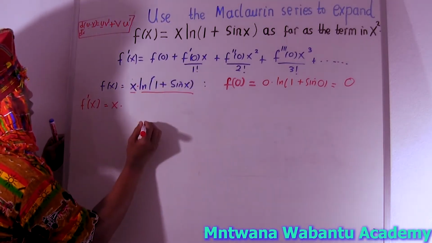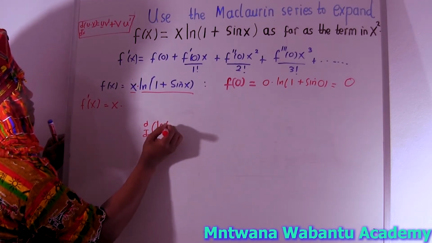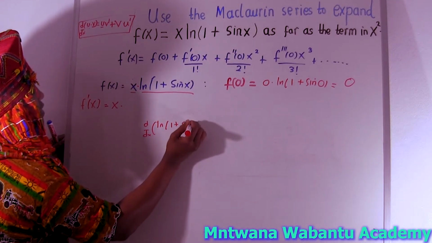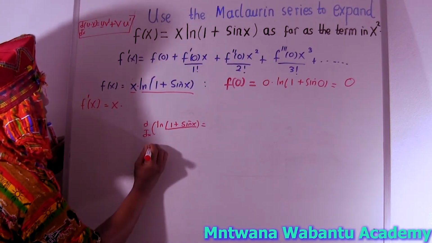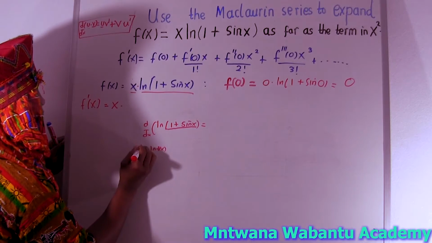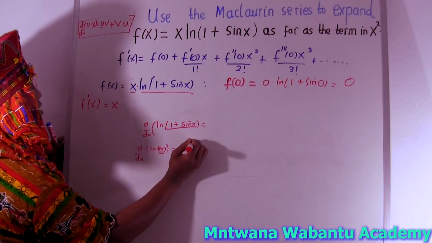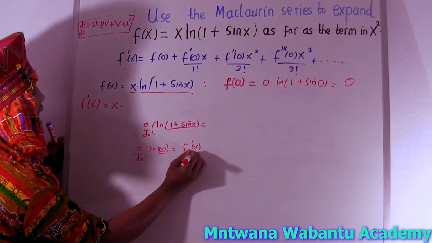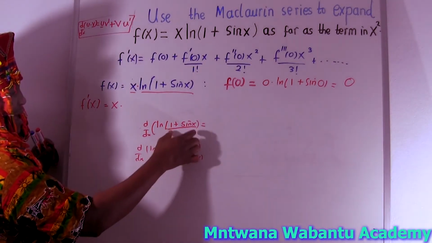So when you differentiate ln of 1 plus sine of x, this is easy. What you do, differentiate whatever is in front of the ln, like let's say this is f of x. I'll differentiate this, which is going to give me f prime, and then right under everything, write your function.